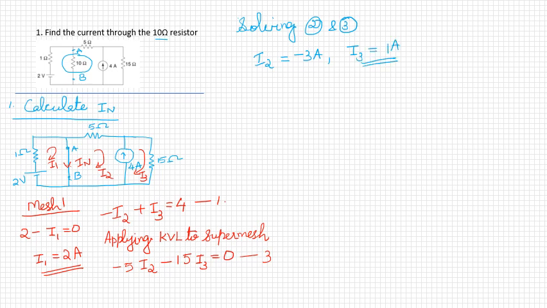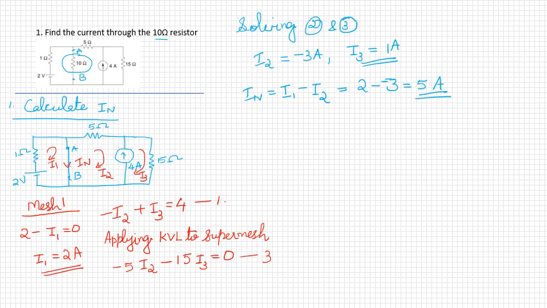And our aim is to find out the current IN. From this circuit it is clear that IN is equal to I1 minus I2, that is equal to 2 minus minus 3, that is 5 amperes.